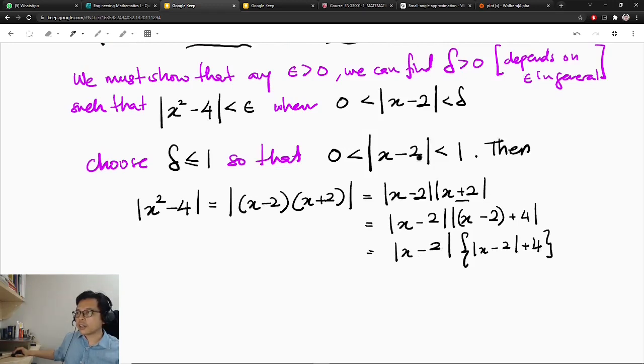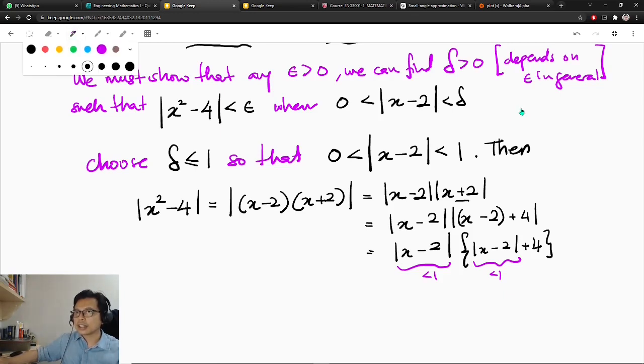Because right now I know x minus 2 is less than 1, right? So I know that this one right here is less than 1. This one right here is also less than 1. So if I know that this is less than 1 and this is less than 1, I can say that this whole thing is less than 1 times 1 plus 4, which is 5 delta.